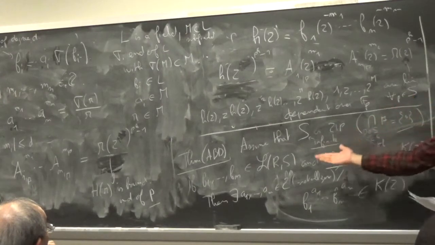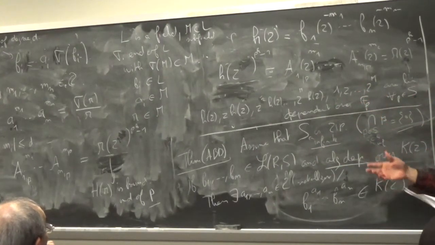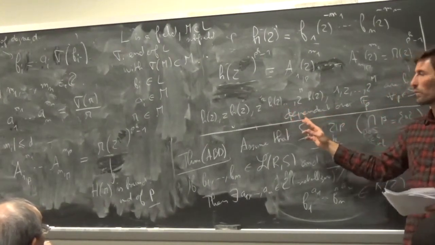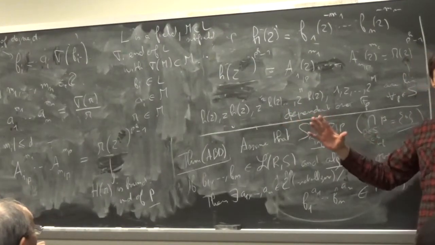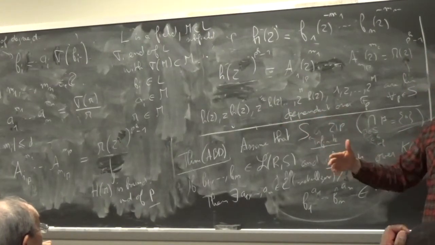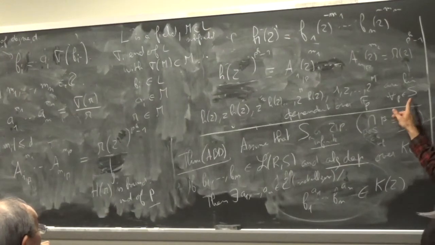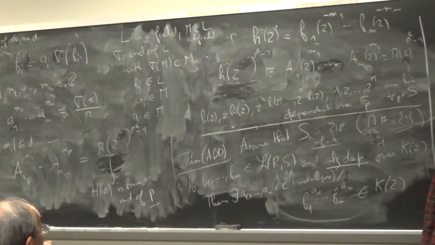And this you can lift because you can write a determinant that is 0 for infinitely many primes, so it is 0, and then you get it.